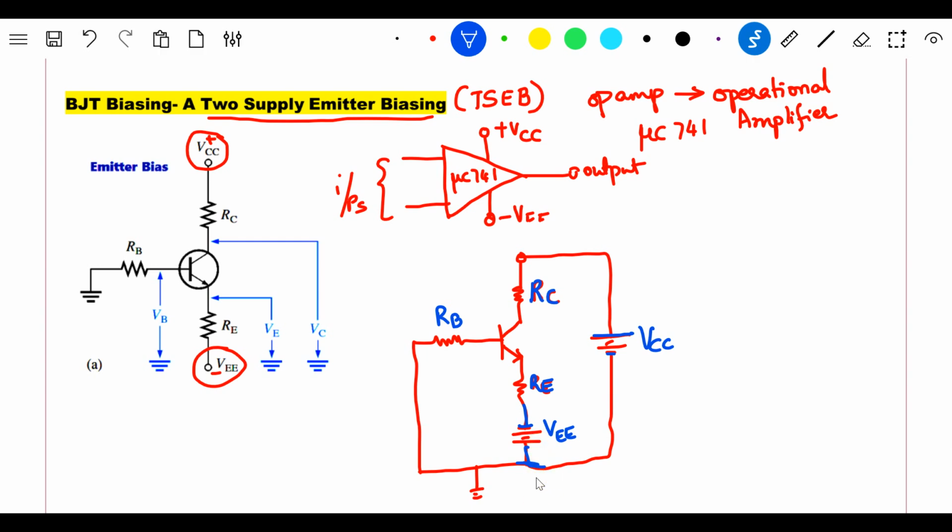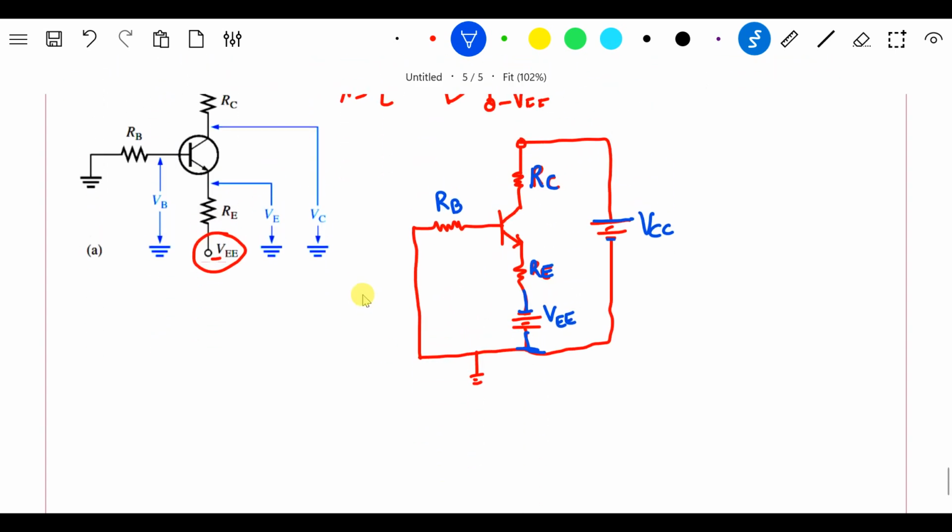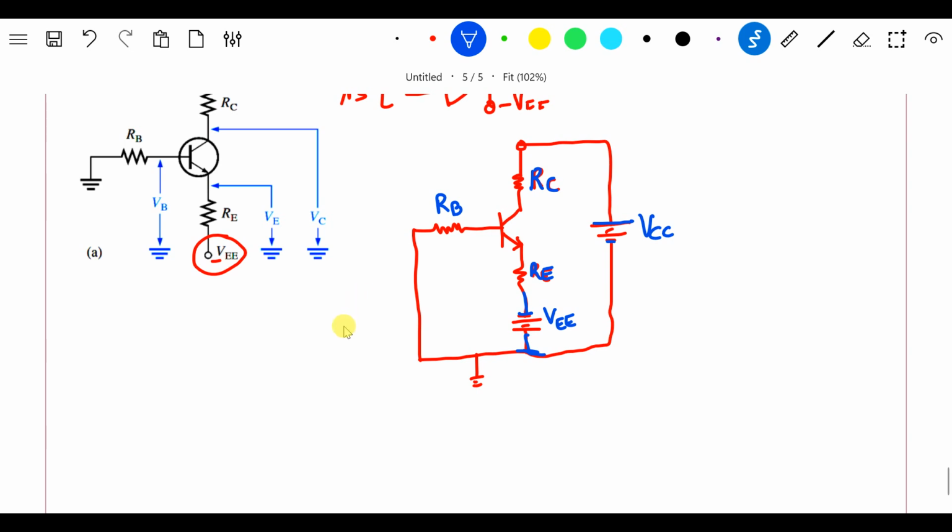Now we will write a set of equations by looking at this diagram. We will also mark this as VC, and at this stage I get VB, and between these two is VCE.